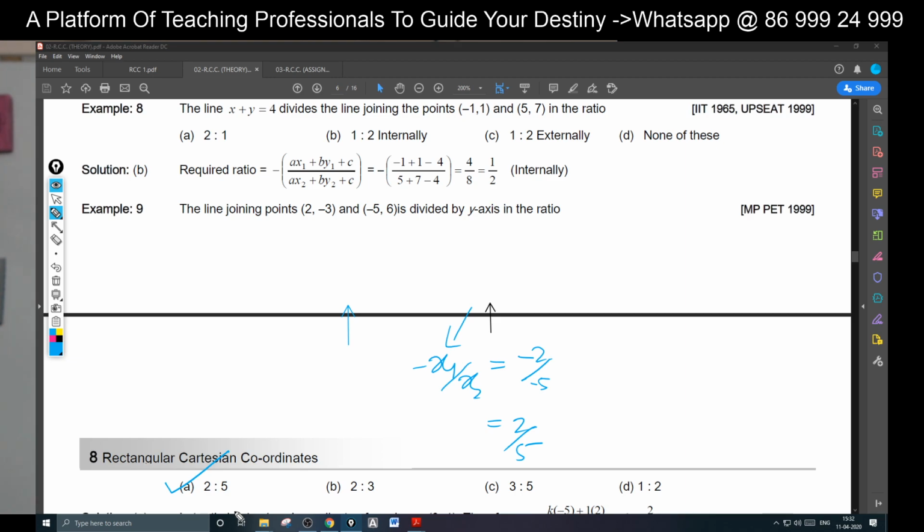Now what I am saying, the 2 points are given and it is divided by the y-axis in the ratio of minus x1 is to x2. I applied the formula, I got it to be 2 by 5. Yes, Samaya, that's right, Andy. That's right. 2 by 5, you answered it. Now, tell me in which ratio the x-axis divides?